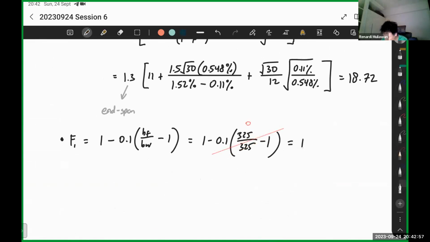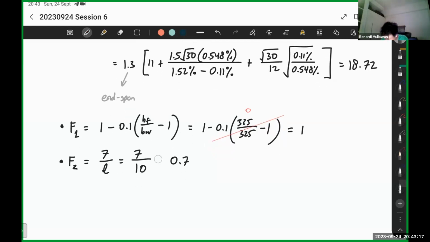So that's our F1. And for F2, it accounts for the span. For span, it's 7 over L. In this case, it's 10 meters, so 7 over 10 meters becomes 0.7. So that's our F2.